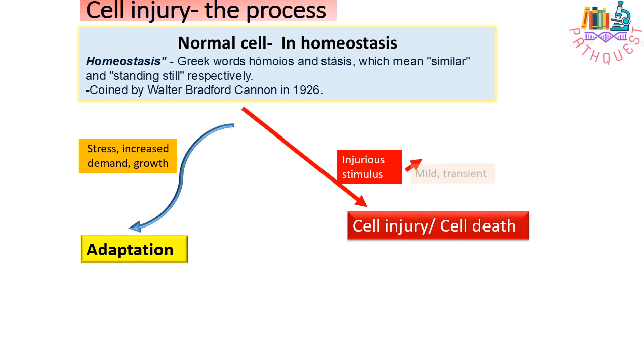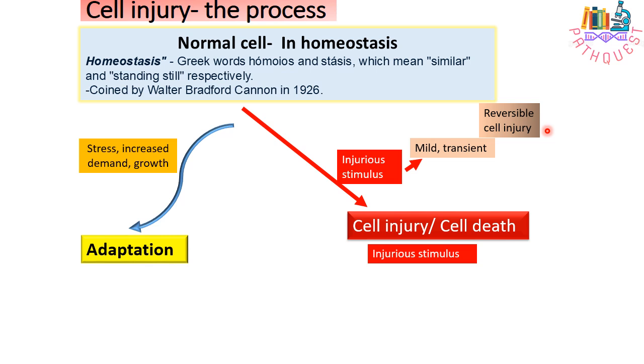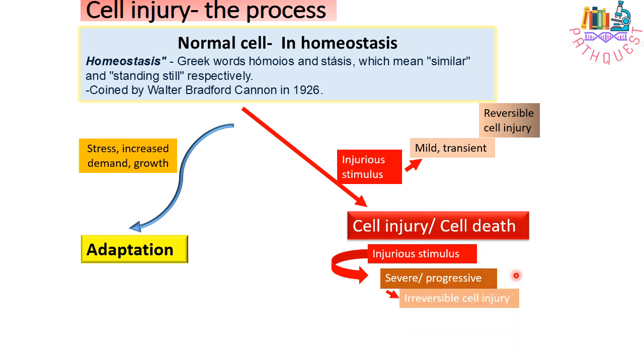If the injurious stimulus is mild or transient, it will result in reversible cell injury. That means there is a possibility that the cell can revert back to its normal structure or function once the injurious stimulus is removed. But if the cell is exposed to injurious stimulus which is severe and progressive, then it will result in cell injury which is irreversible.